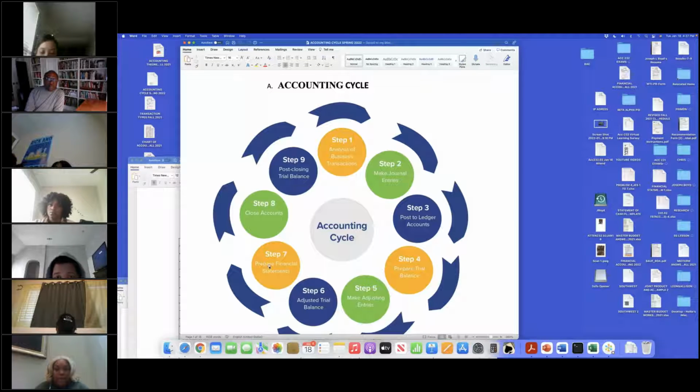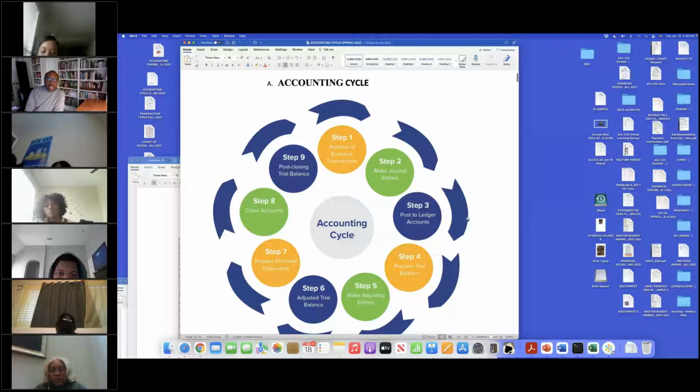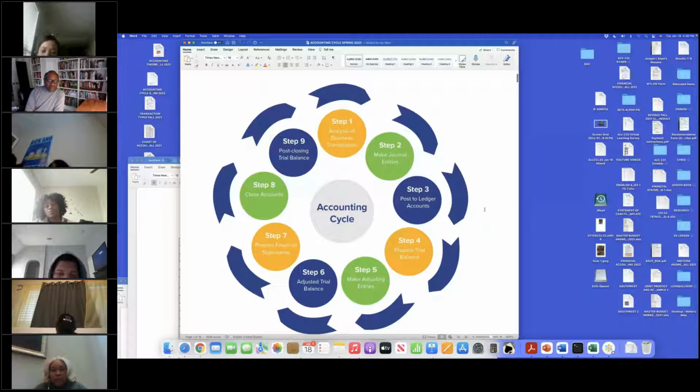You go through step one, analyze every financial transaction, make journal entries, post to the ledger, and prepare a trial balance and the financial statements. Managerial accounting just assumes that you can do this, and so it's discussed, but it's assumed you have this background. So I want to spend the first week making sure that we have this background.